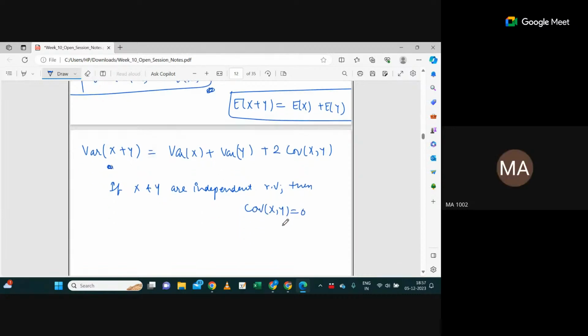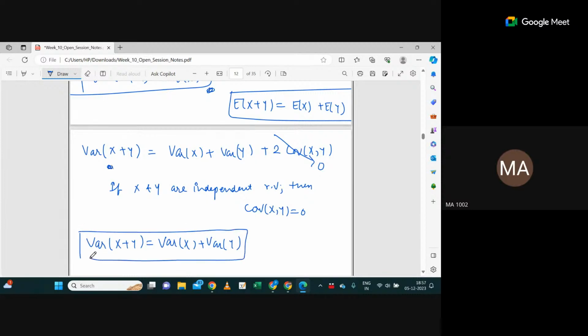If the covariance is 0, then I can say the variance of x plus y is the same as the variance of x plus the variance of y. But in the case of expectation, it doesn't matter whether they are dependent or independent. In the case of variance, if you want the variance of x plus y to be the same as the variance of x plus the variance of y, then x and y should be independent.